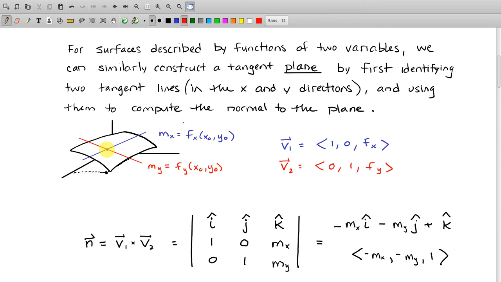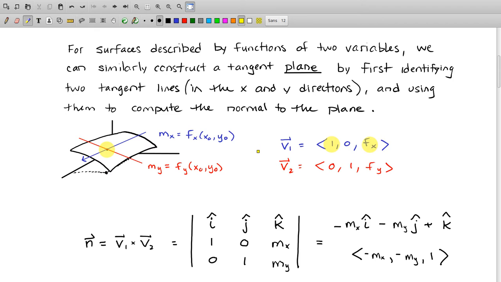And we can construct those vectors just like we did in 1 dimension. To get a vector version, a vector giving the direction of the tangent line in the x direction, we take the slope in x, which is the x derivative of the function f, and then we have the vector going over 1 in x. We would go up by an amount equal to partial f partial x. And so this vector points in the direction of the tangent line.